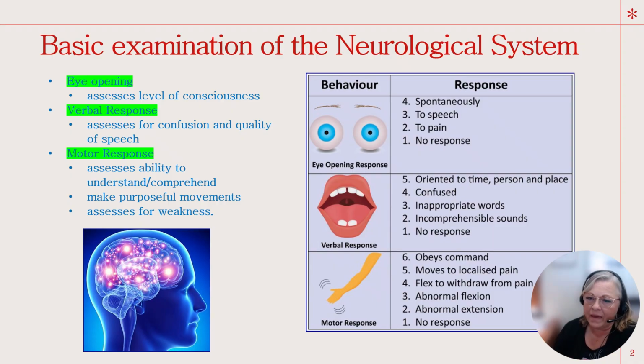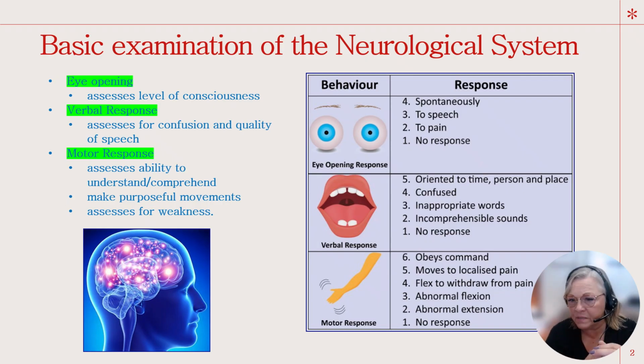But these are the three main things. And I think you can understand with eye-opening response, we're checking for awakeness and alertness. Verbal response, we're using that tool to assess level of confusion and their ability to process and speak out what they're supposed to.